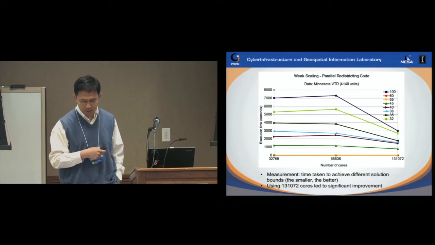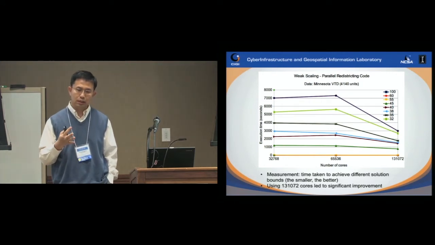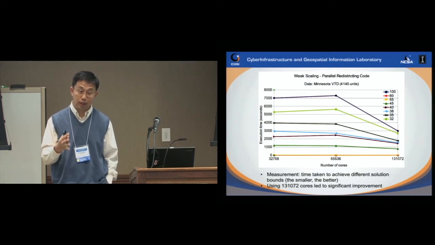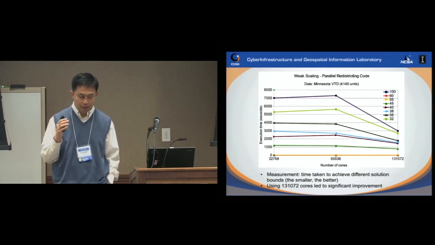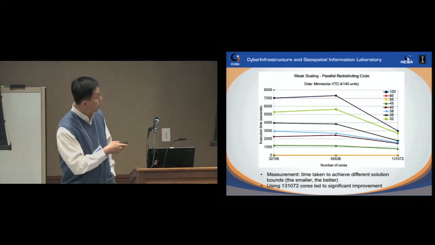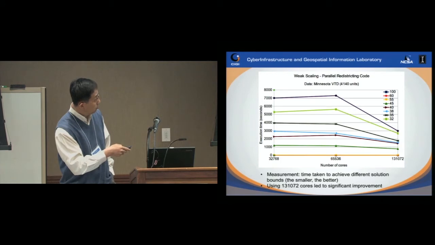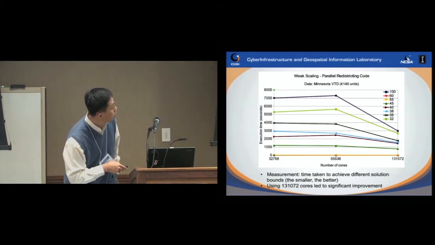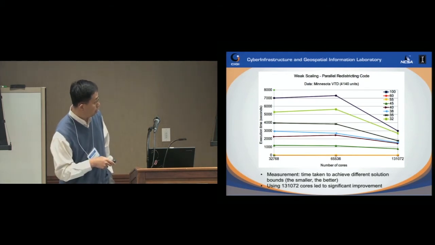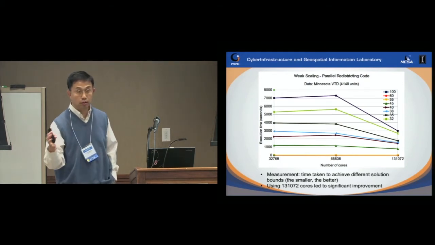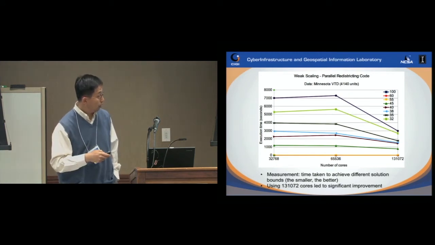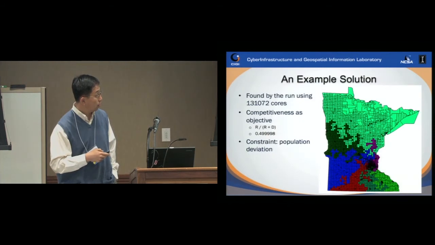This is weak scaling, because our argument is that this kind of algorithm is no longer a sequential genetic algorithm. As you increase the number of cores, for the most desirable solution qualities you see very significant drops in time. That means with a larger amount of resources, we can actually achieve better for the desirable solution quality.